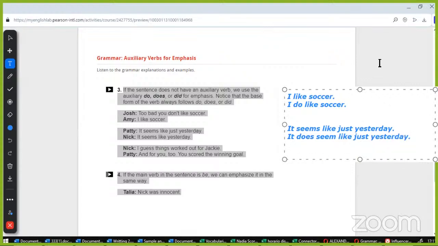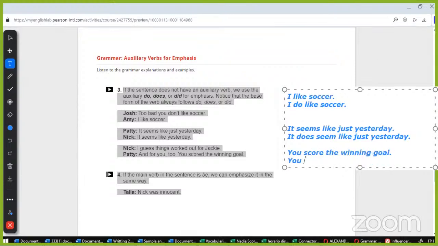And instead of saying you scored the winning goal, you need to say you did score the winning goal. So that's a way to emphasize all of these things.